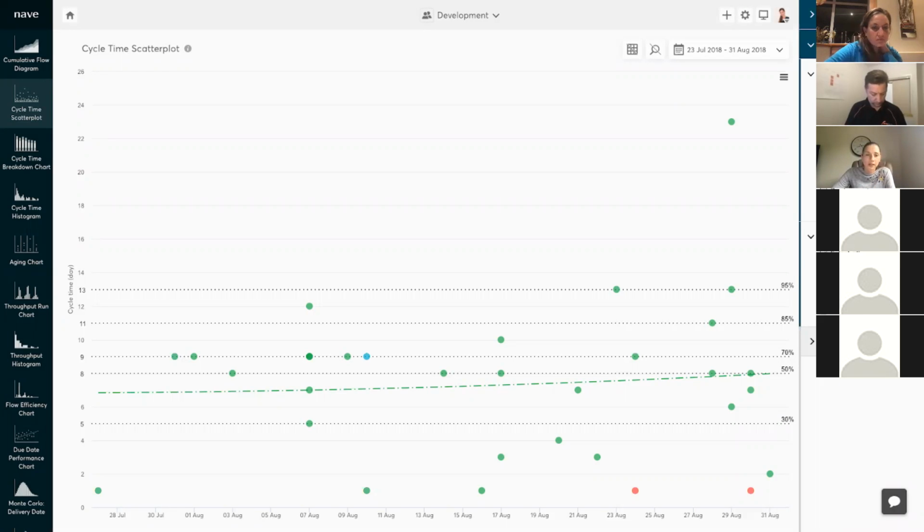You and your clients may be happy with an 85% certainty, or you both may need a confidence level that's higher than that. You can also filter your data by class of service. It is highly likely that the 85th percentile for fixed delivery date comes with a different cycle time than the 85th percentile for expedites, for example. That way, you can provide different SLAs for different work items you're committing.